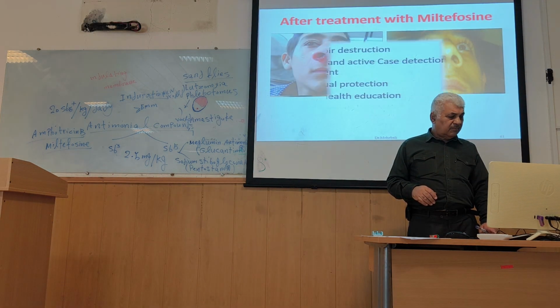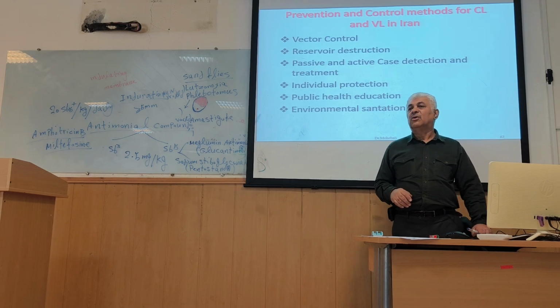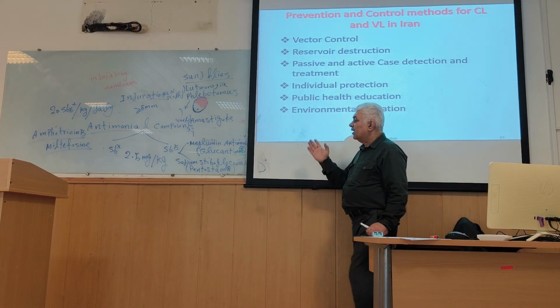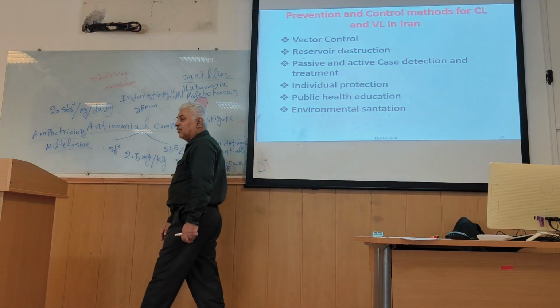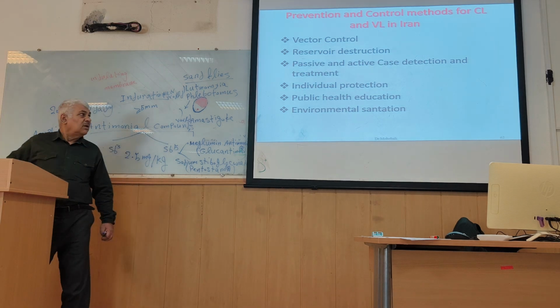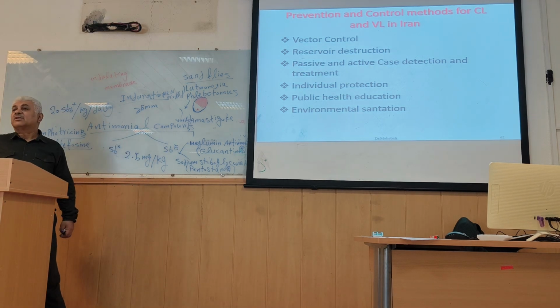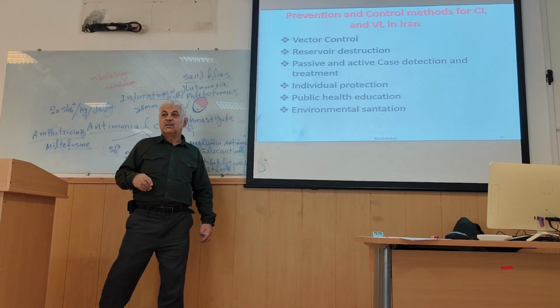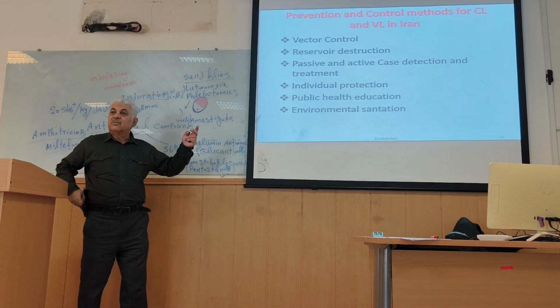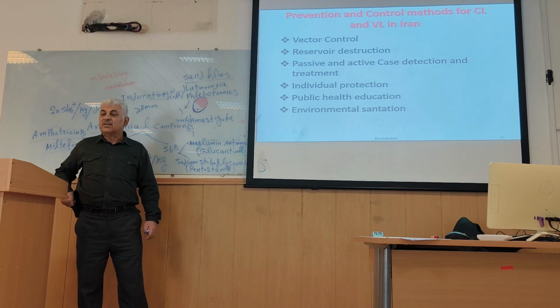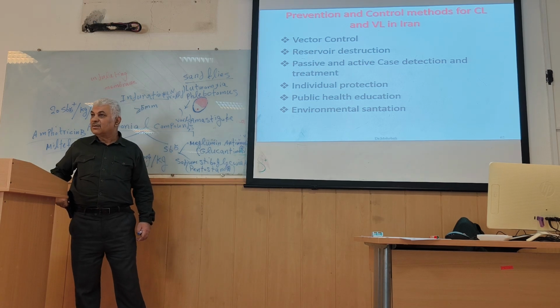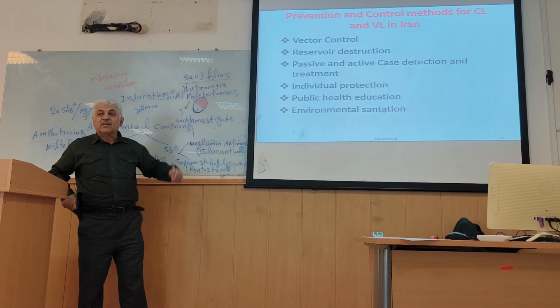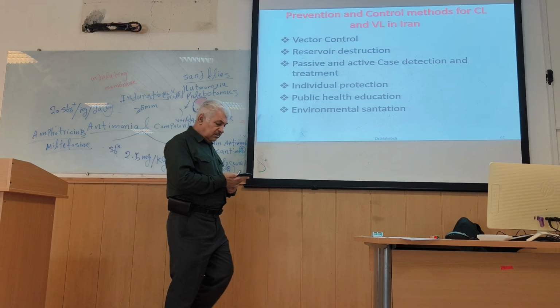And for control of leishmaniasis, we can use different procedures. The first procedure is vector control and disconnecting the life cycle using insecticide materials, and reservoir destruction.